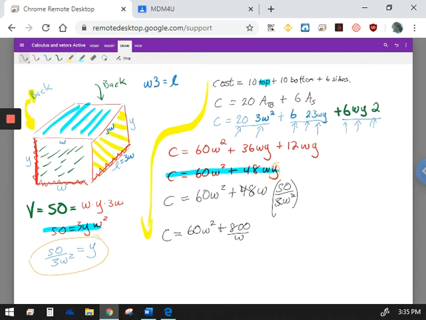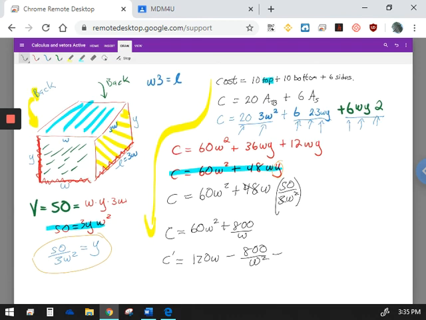What's the derivative of this guy? C prime. It's going to be spectacular. Nice derivative. Now we set it equal to 0, and we solve.